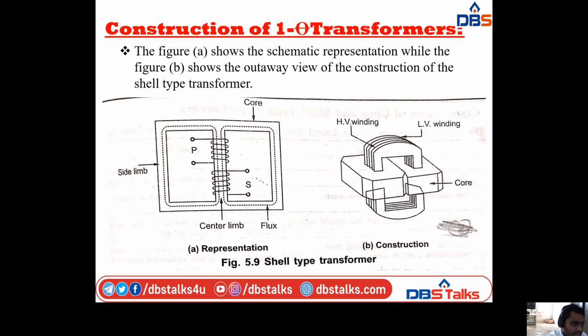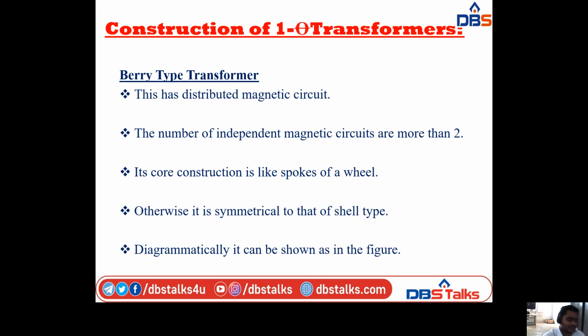Coming to the next one, that is the Berry type transformer. This has a distributed magnetic circuit. In the core type we have a single magnetic circuit, in the shell type we have a double magnetic circuit, and in the Berry type we have a distributed magnetic circuit.